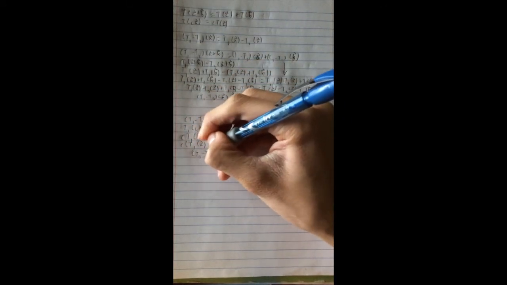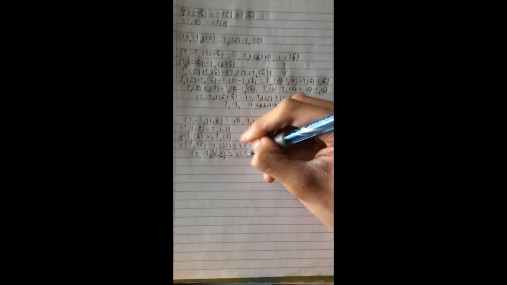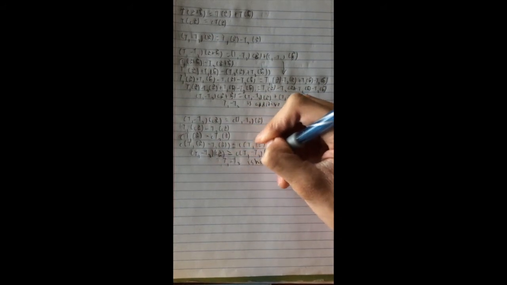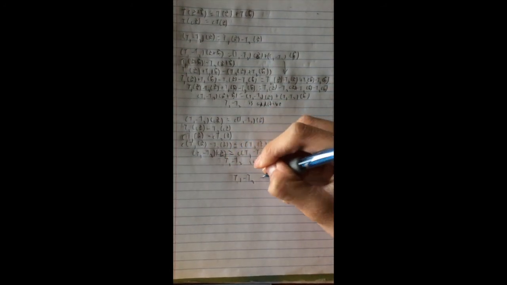This means that the original equation, T1 minus T2 of C times A, equals C times T1 minus T2 of A. As this equation is true, that means that T1 minus T2 is homogeneous. As T1 minus T2 is additive and homogeneous, that means that T1 minus T2 is a linear transformation.